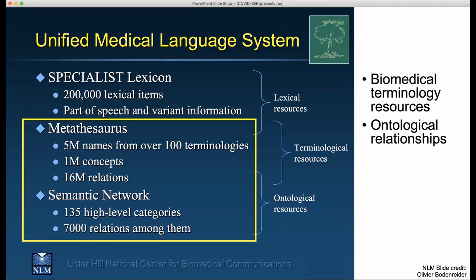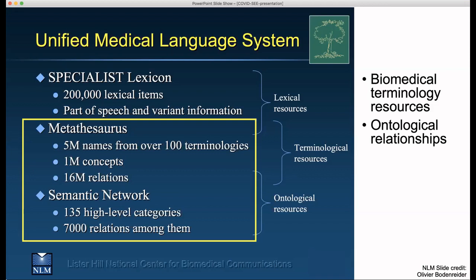so it has over 5 million terms in it from over 100 terminologies, and 1 million concepts which summarize those terms. So essentially there's an average of 5 synonyms per concept. And then there are 16 million relations that capture the links between them. This is data from a few years ago, so it's probably even bigger now.